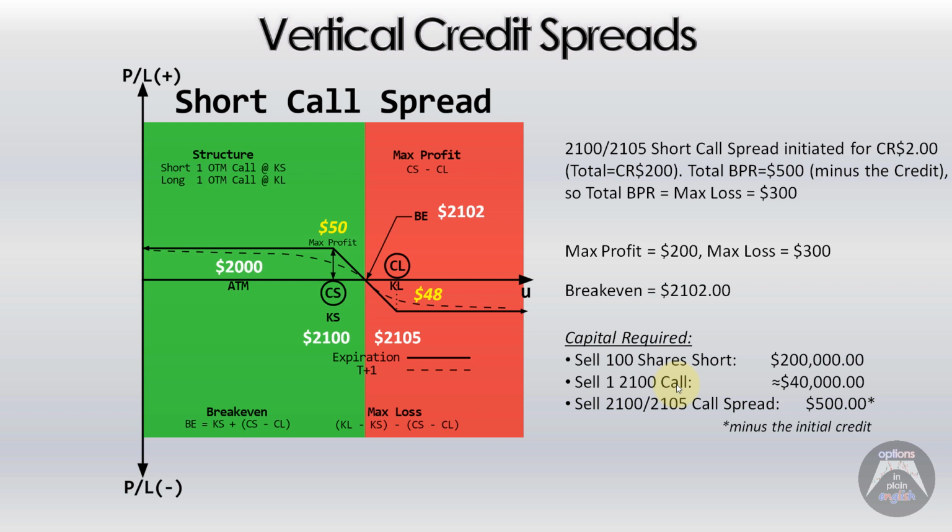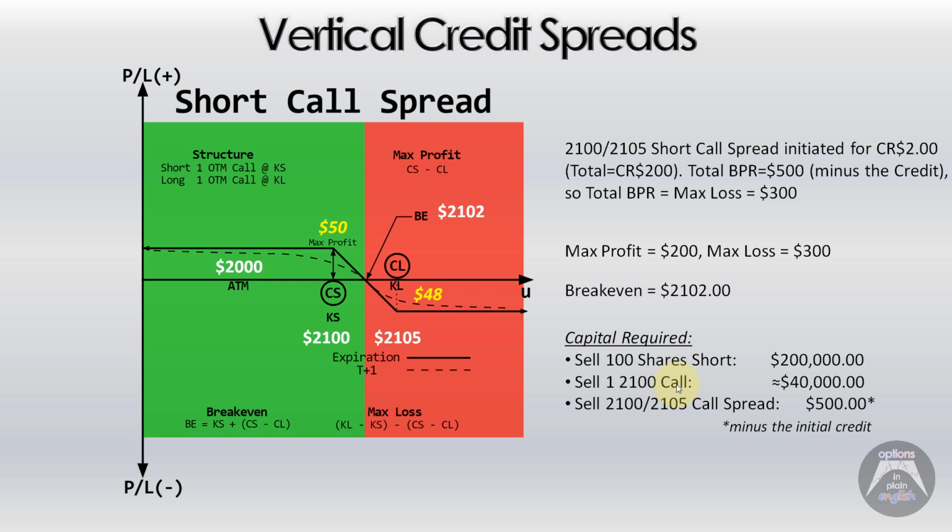So we'd be talking about around 20% of the notional value, which means 20% of the 2100 times 100, and then we have to subtract the distance between the strike price and the current price. It's going to work out to a number that's very close to $40,000. So approximately $40,000 to sell one $2,100 call.